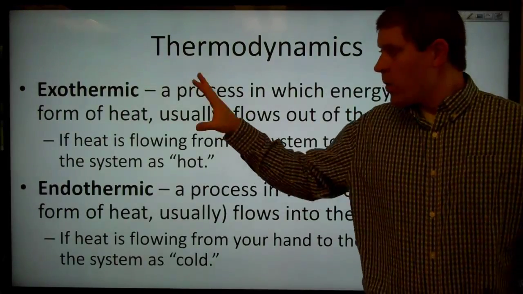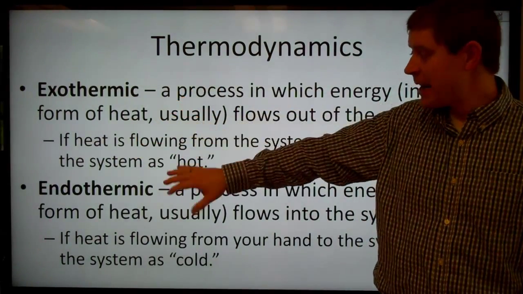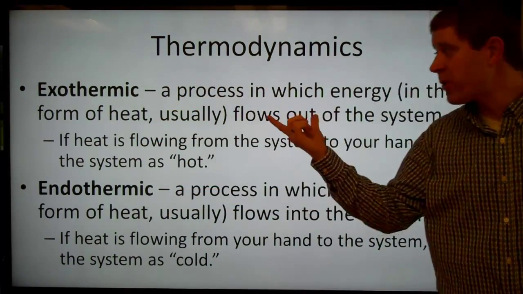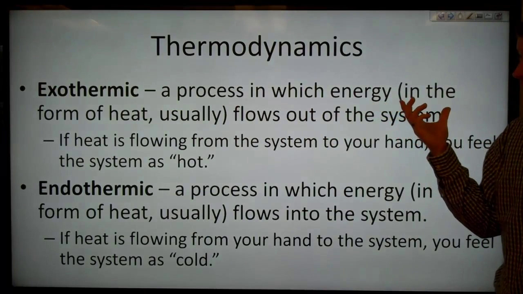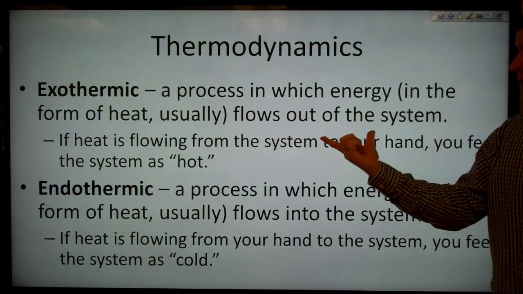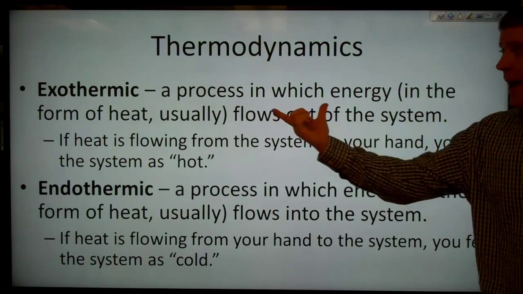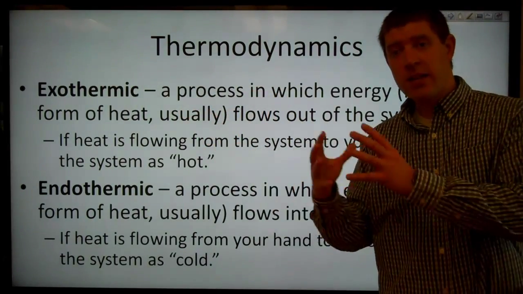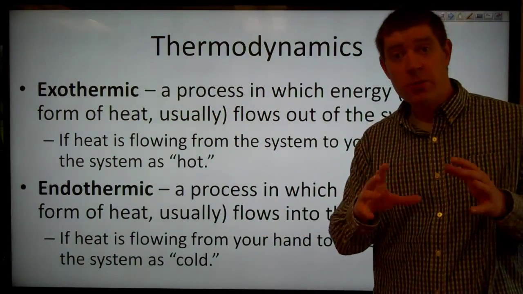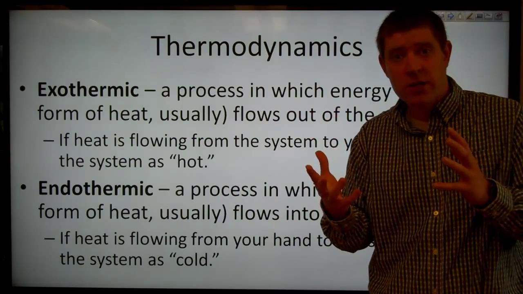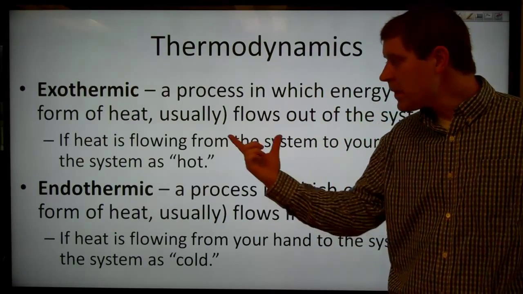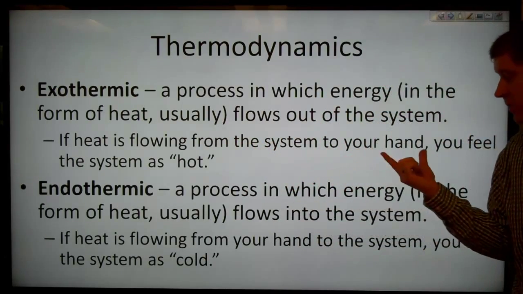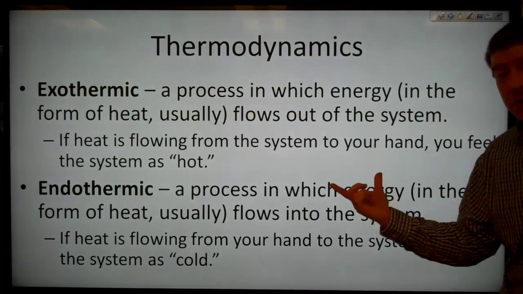So we have two other terms, exothermic and endothermic. An exothermic process is a process in which energy, in the form of heat usually, flows out of the system. So an exothermic process has heat leaving the system. Remember, the system is that object or set of objects that we're interested in looking at. So if heat is flowing from the system to your hand, then you feel the system as hot.